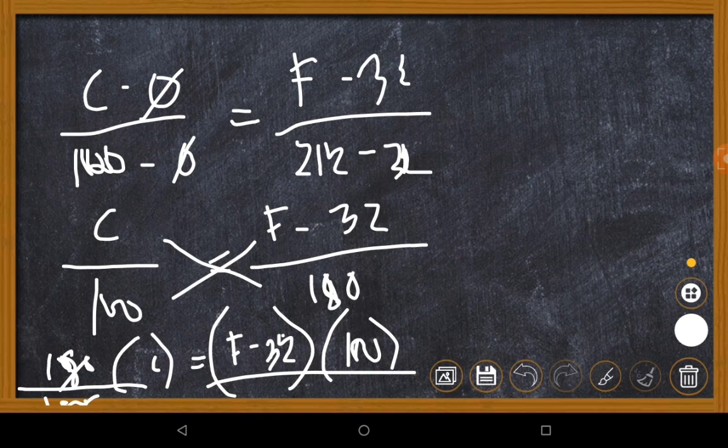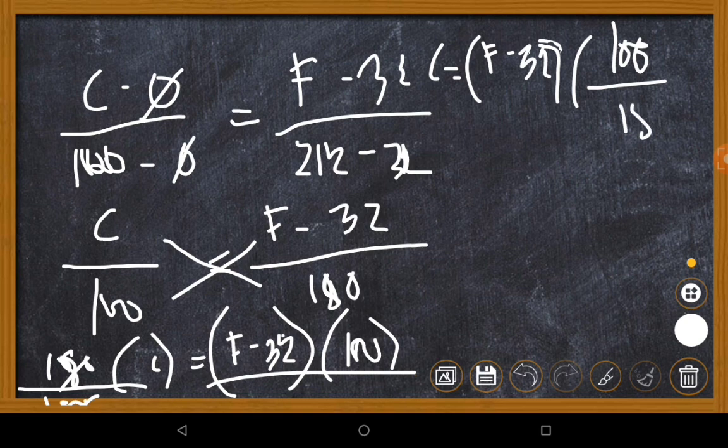What's left will be Celsius is equal to Fahrenheit minus 32 times 100 over 180.